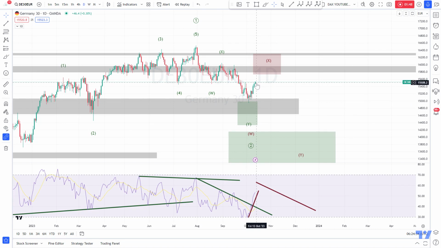If we would, let's say, return from here without first reaching this area, then I believe the low will hold for some time. Then I would expect this kind of move, like a three-wave move up.